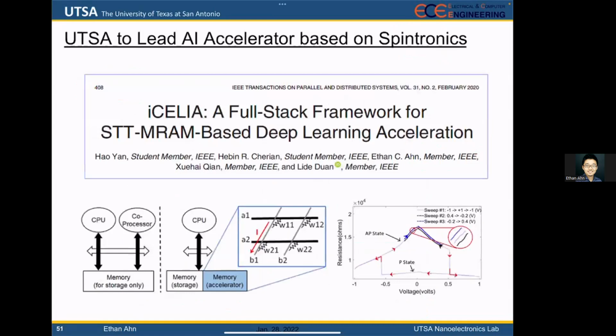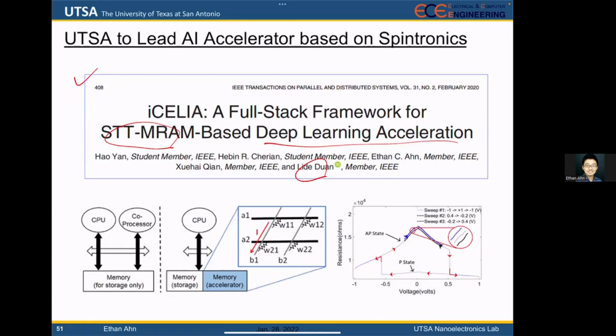Based on this, this is one paper that I participated in, to develop a deep learning accelerating machine based on spintronics technology. In this work we worked with our former faculty member, Dr. Duan.